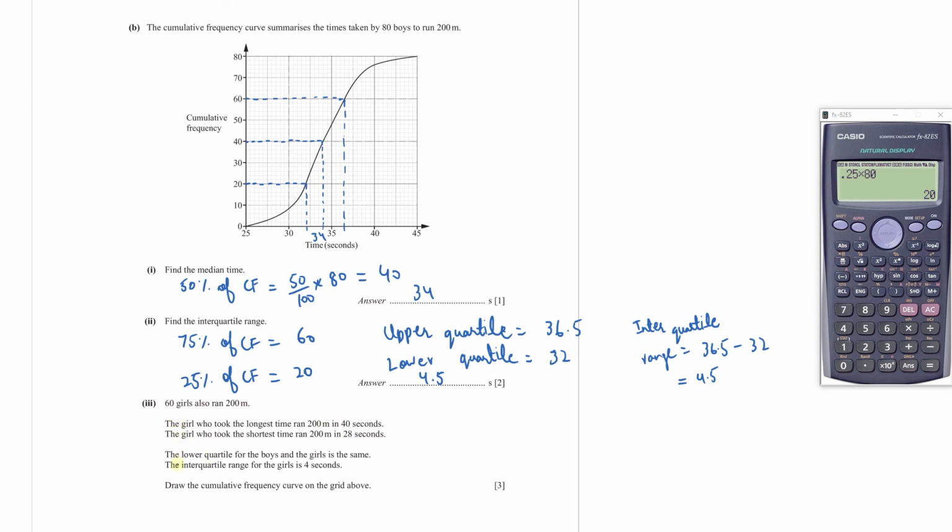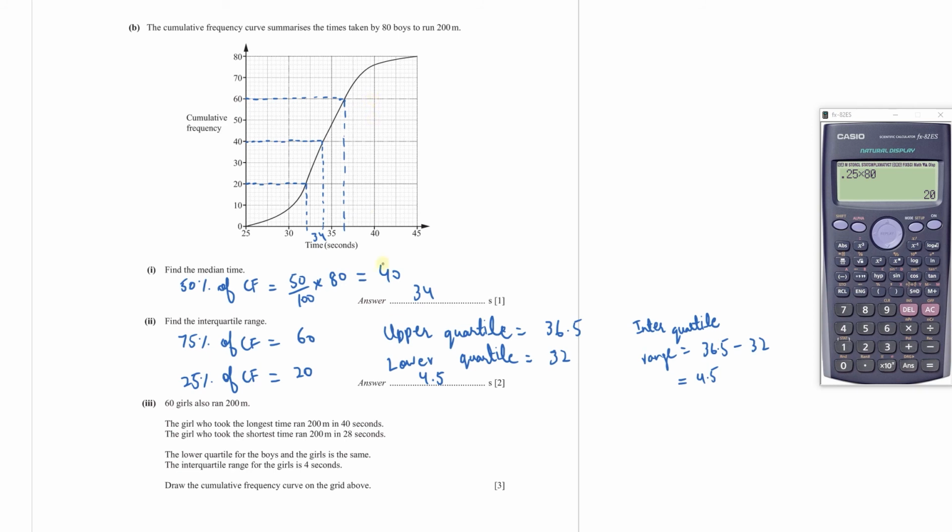So we will use these statements to plot the points for the cumulative frequency curve. So the first statement is the girl who took the longest time ran 200 meters in 40 seconds. So that means the highest time taken is 40 seconds, and there were 60 girls.